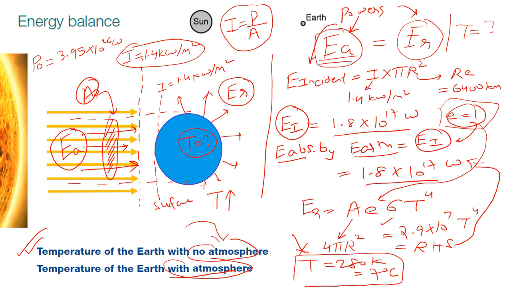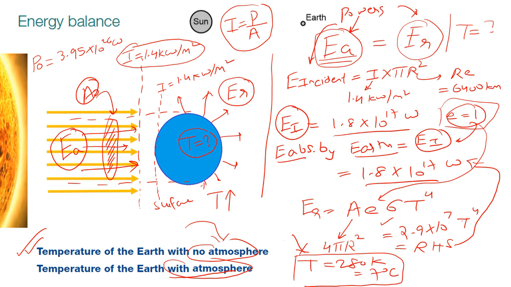If you have already revised, then just figure out how we find the temperature of the earth if we consider there is an atmosphere. If there is an atmosphere, then the values for emissivity and albedo will change. Perfect, yes, that is the goal.